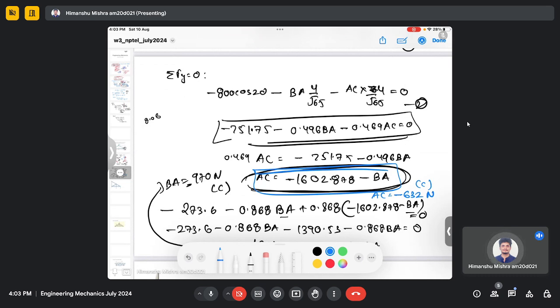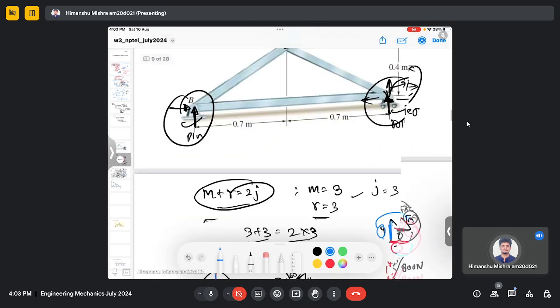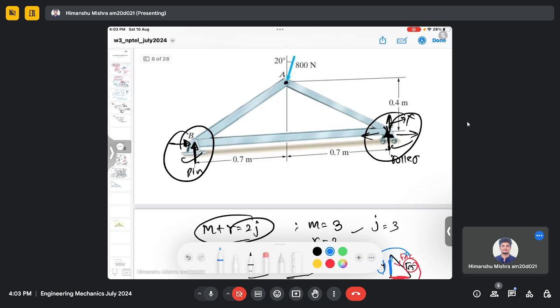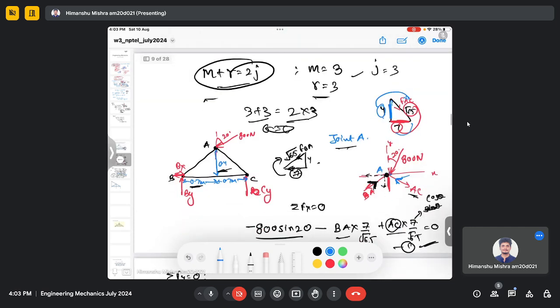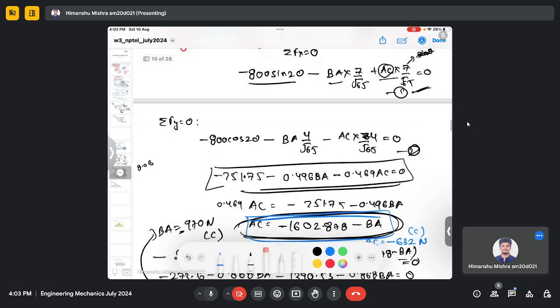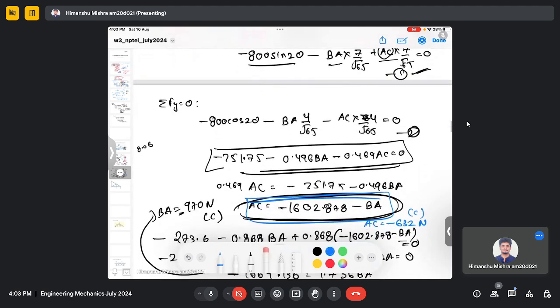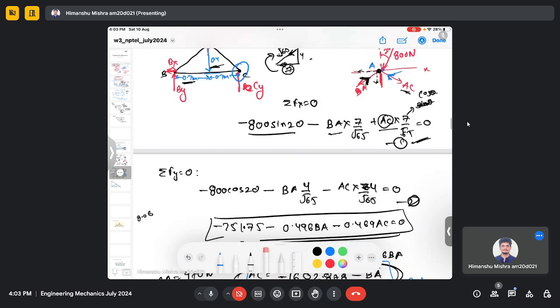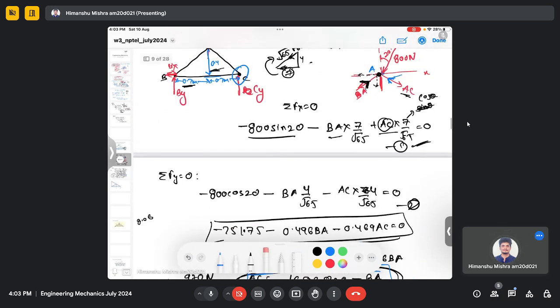Now we can calculate the force BC. So let's consider joint C. Let me write what we actually found.